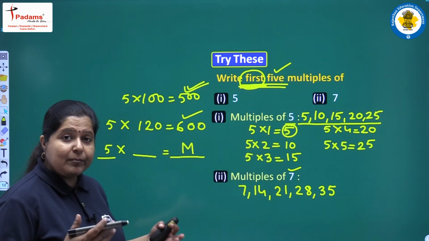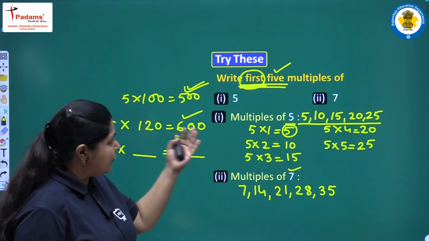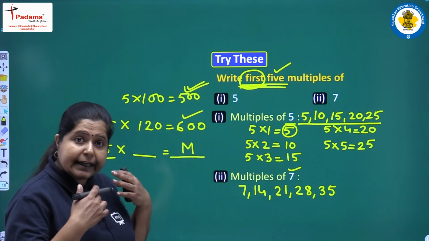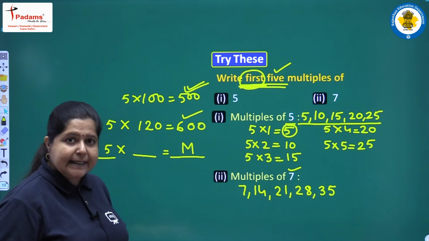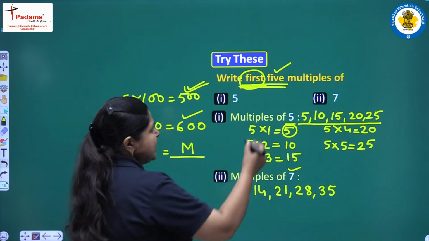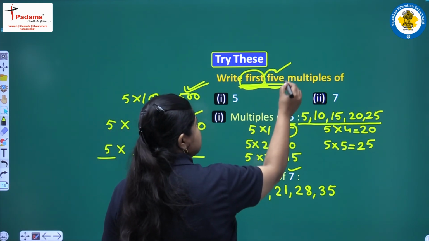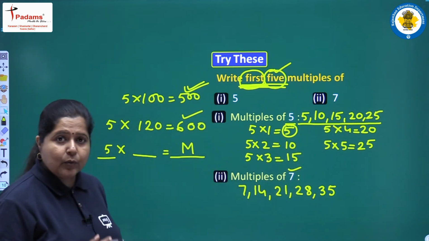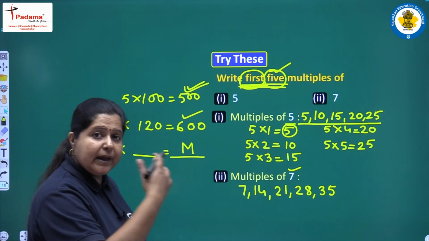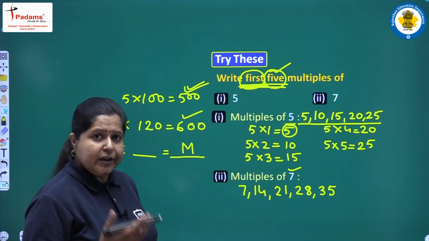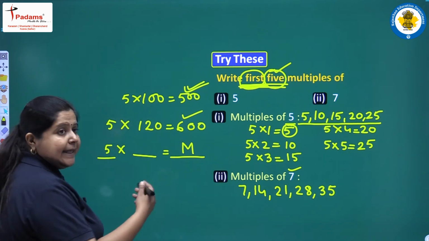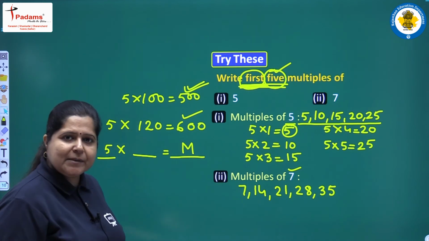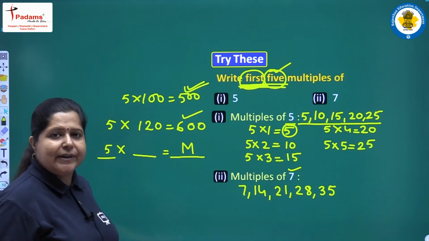Otherwise, there are many more multiples of 5 also and of 7 also. They are infinite in number. But here in this question, we have been asked only 5 multiples, first 5. That's why we have written only 5. Otherwise, there are many more multiples of 5. You can always multiply 5 by any other number and you will get one multiple of 5. So, there is no end to it.